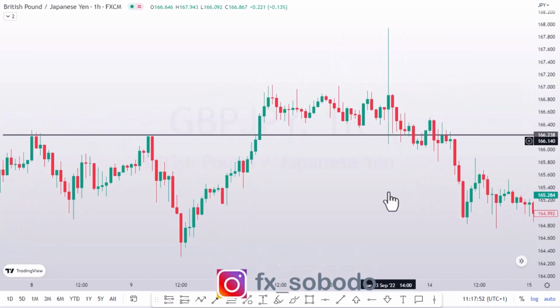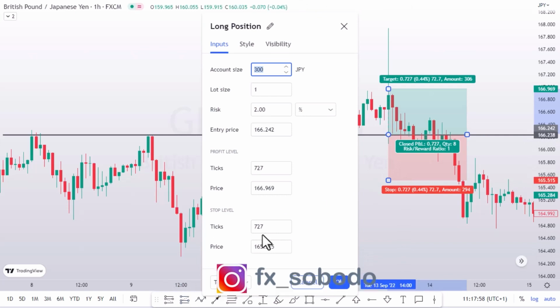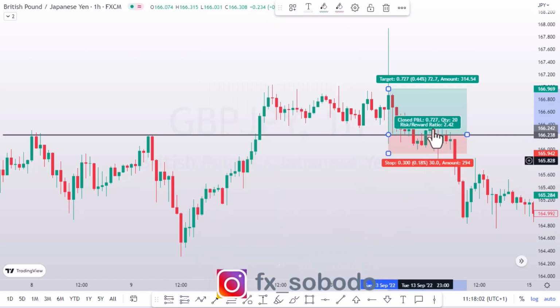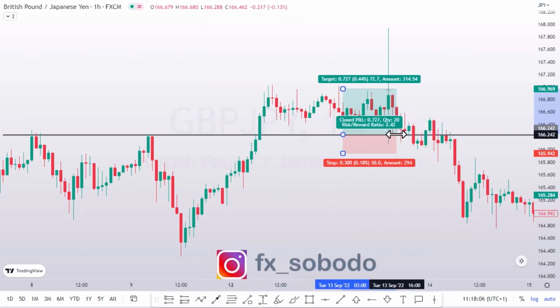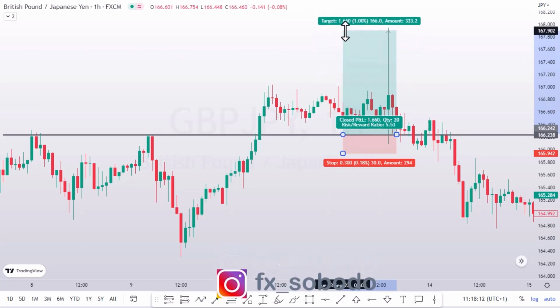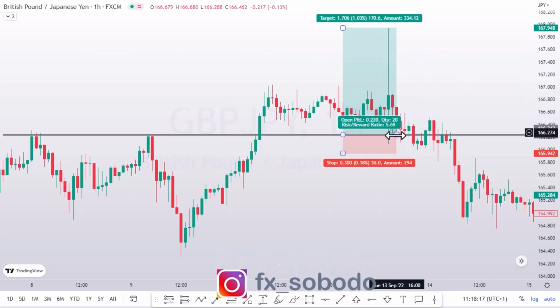When price came, if we risk 30 pips, and you see this spike to the upside. Oh, look at this, guys. Look, that spike to the upside.